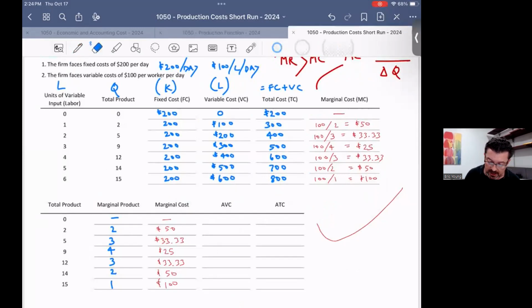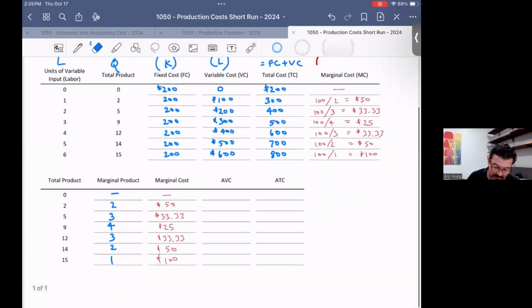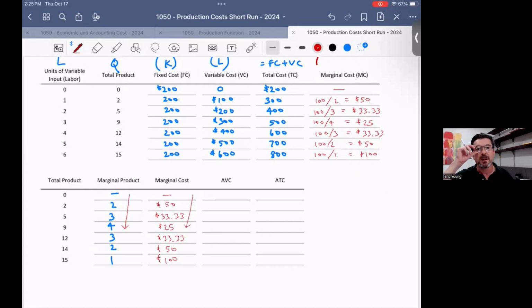You can think of marginal product and marginal cost as like a mirror. In fact, look at this. In this region here, marginal product is rising and marginal cost is falling. As the marginal product goes from 2 up to 3 up to 4, the marginal cost is falling from 50 to 33 to 25.